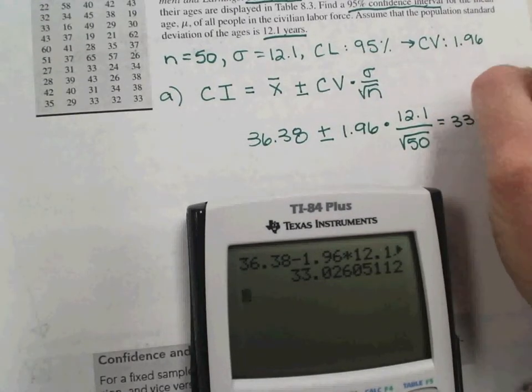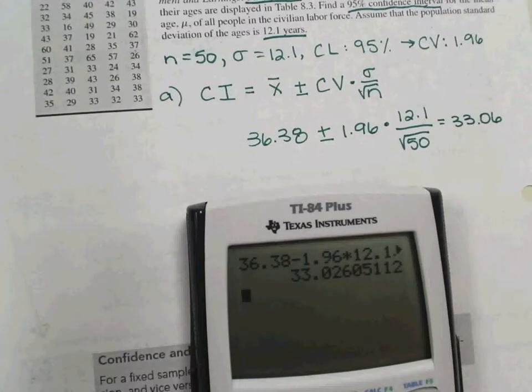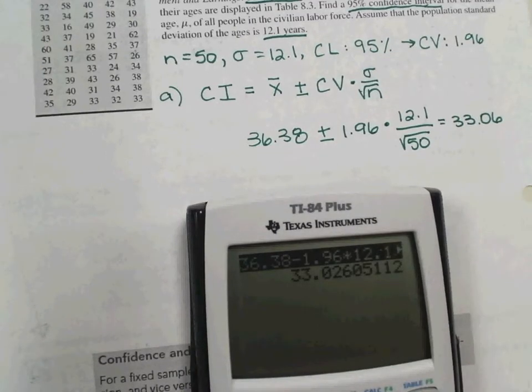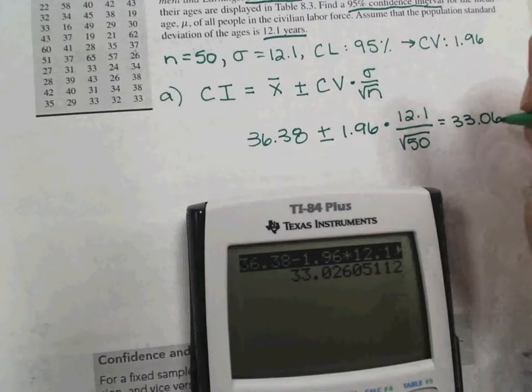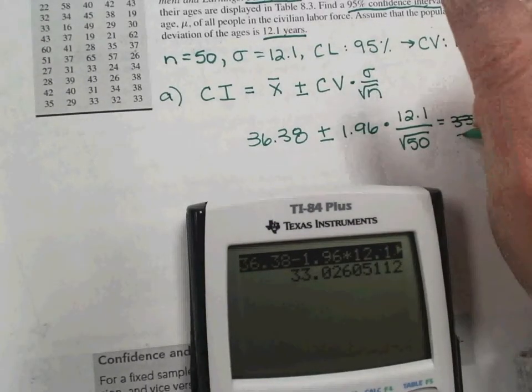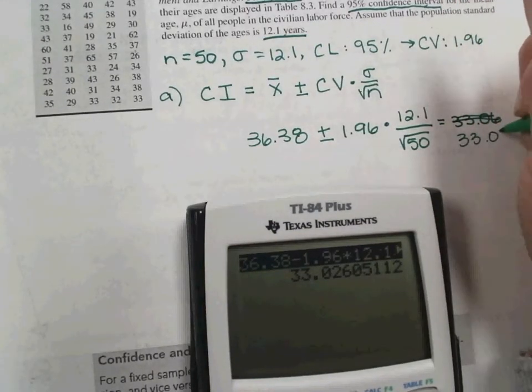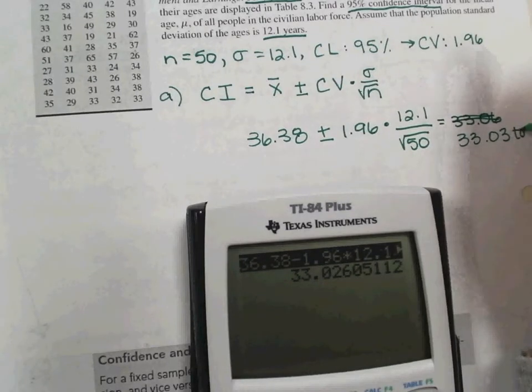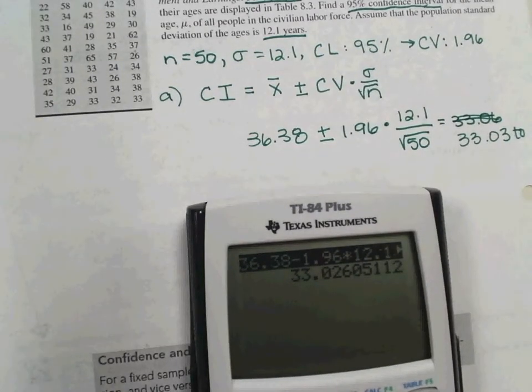33.03 is our lower bound, so that's an age, so the mean of our population would fall between 33.03 and something higher. Now we're going to go up. Press your up arrow. This is when I wish I had used a pencil. 33.03.